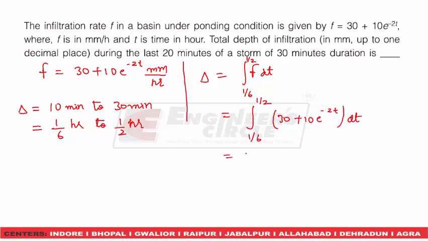So integrating, we will get 30t minus 10 by 2 e to the power minus 2t, from 1 by 6 to 1 by 2. Putting the values, we get this equal to 11.74 mm. So the correct answer would be 11.74.